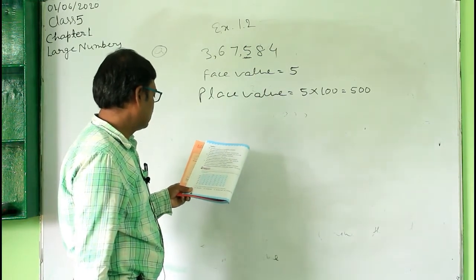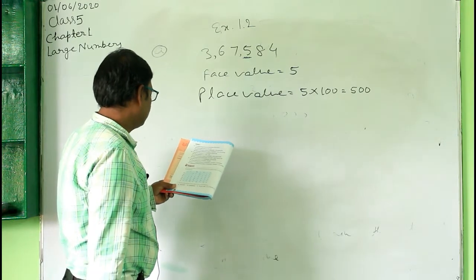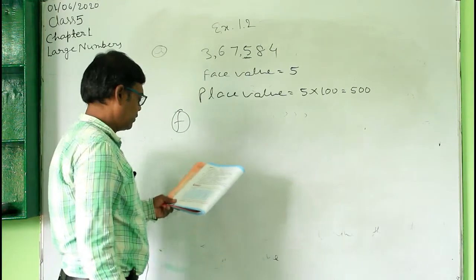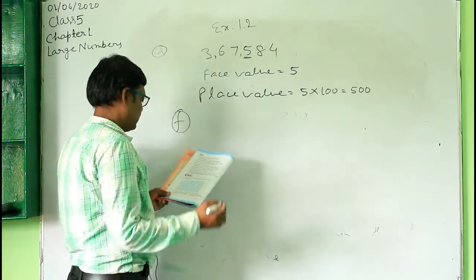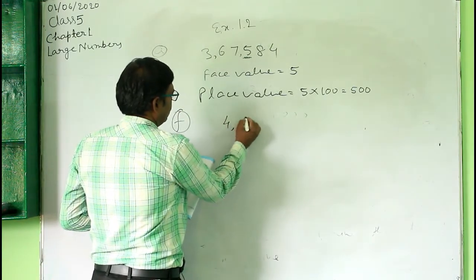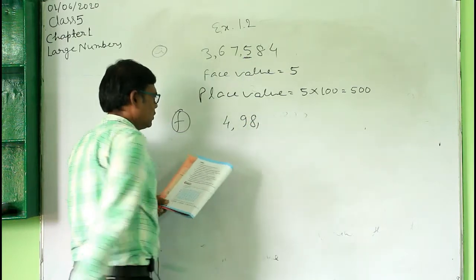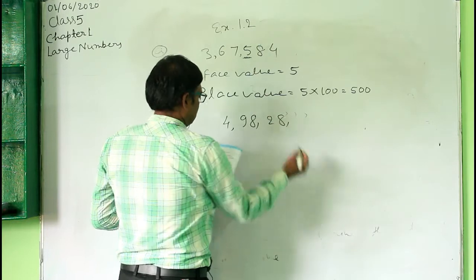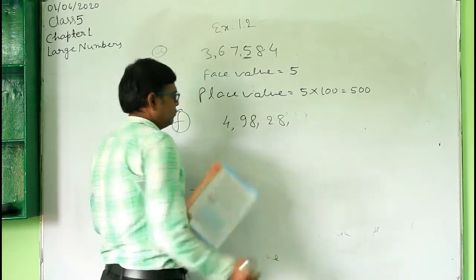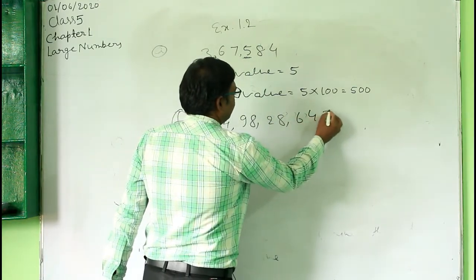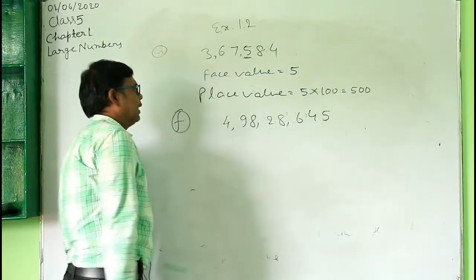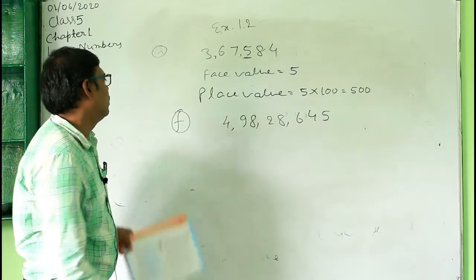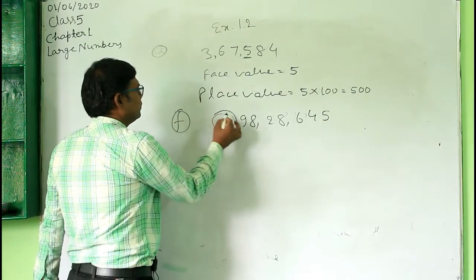Then question number F. In this we have a number that is 4 crores 98 lakhs and 28,645. So this is the number, and in this number we have to find the face value and the place value of this digit 4.